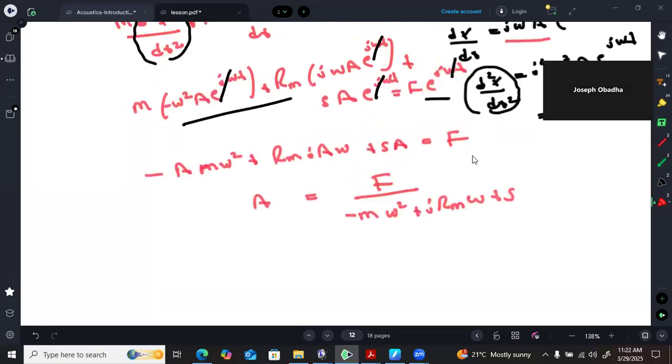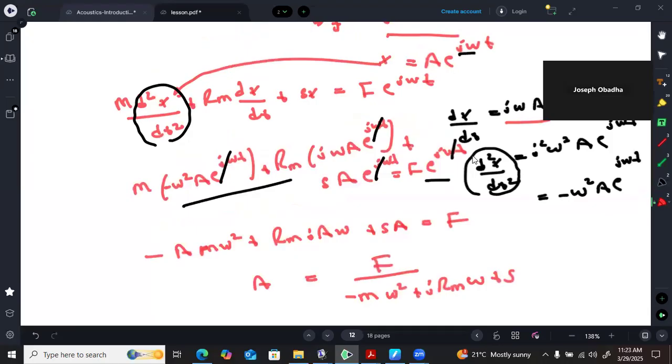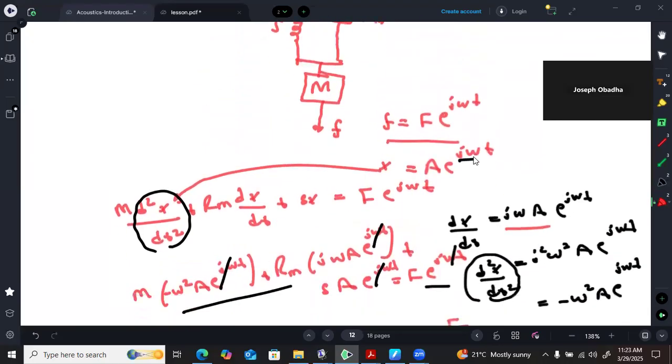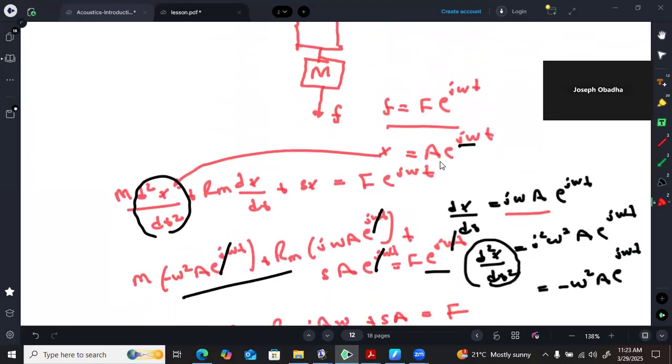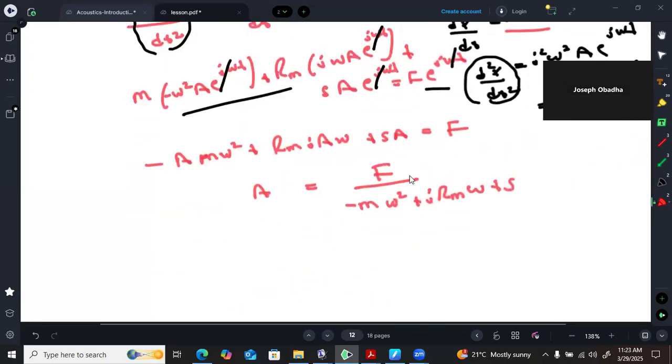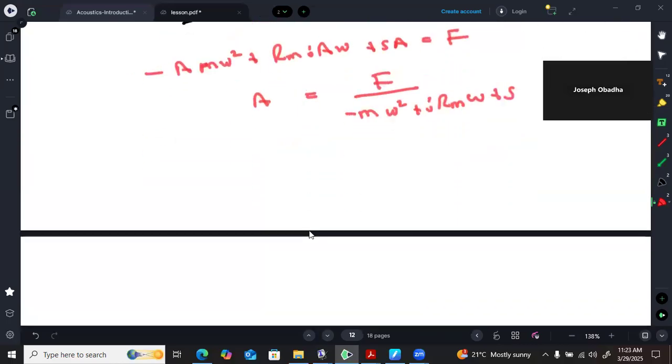Remember what A was in the expected solution. A is this maximum amplitude here. So we are saying that A is equal to this expression, which I can write in this manner.